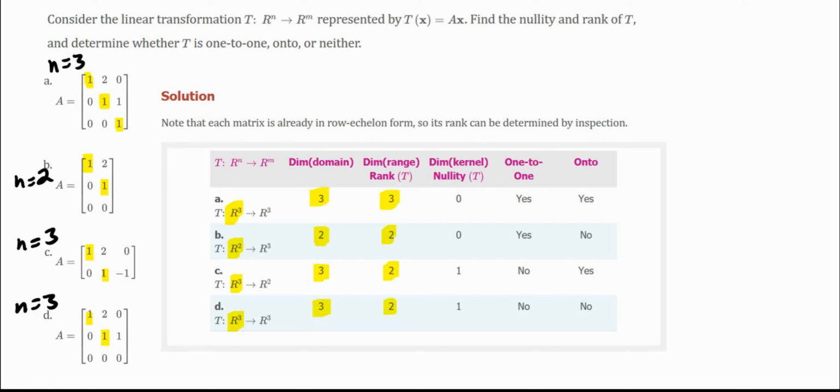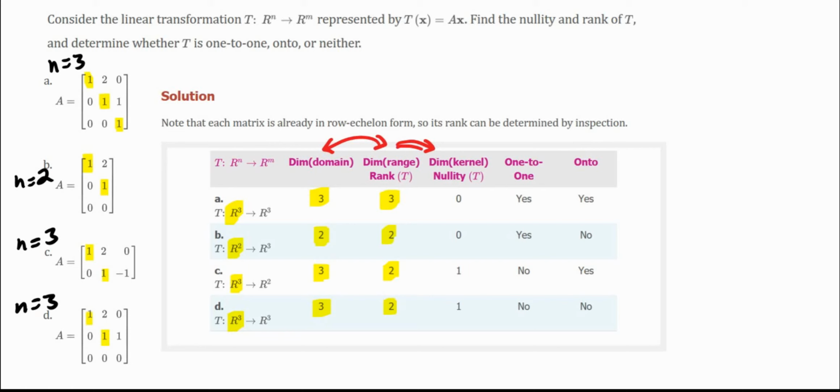Now to get the nullity, you just subtract the rank from 3, the dimension of the domain. So here we're just doing a subtraction, to get the nullity, the number of vectors in the kernel.